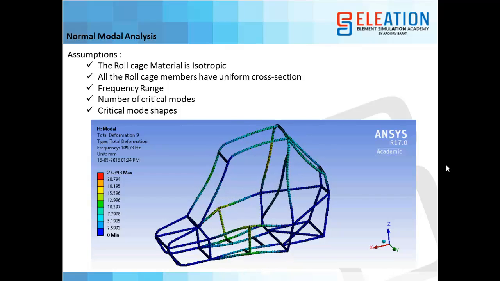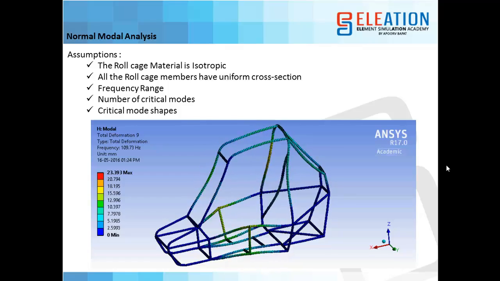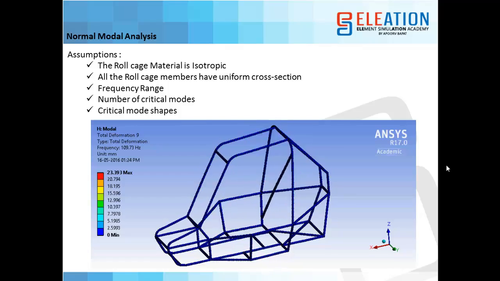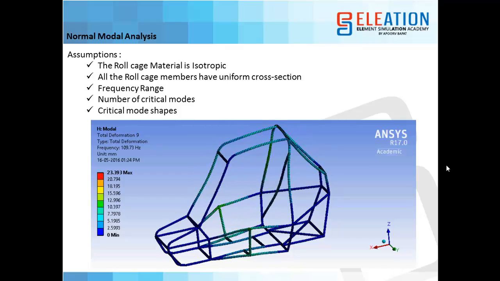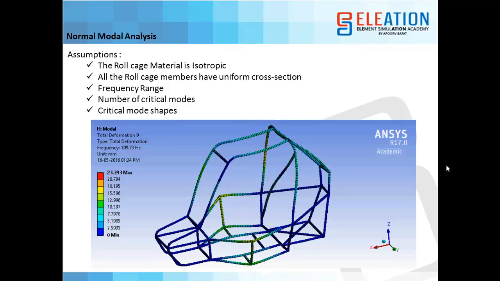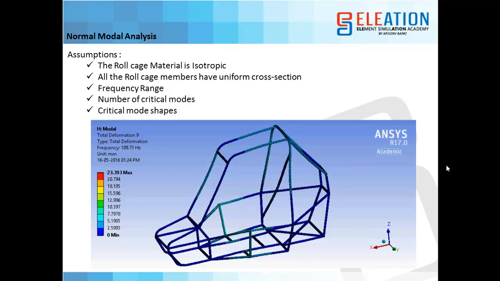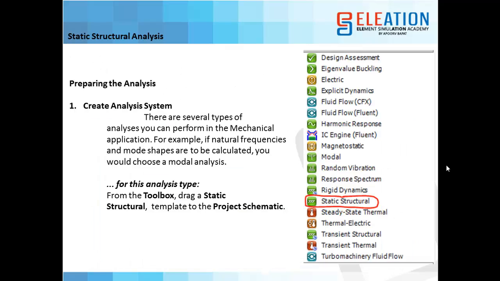Then we will also see a normal modal analysis, where we will see what mode shapes are generated and what is the maximum deformation on a particular mode in some frequency range. That frequency range we will see because of the road excitation, because of the engine vibration and because of the speed of the ATV. So there are different reasons for the frequency range, so that we can calculate.